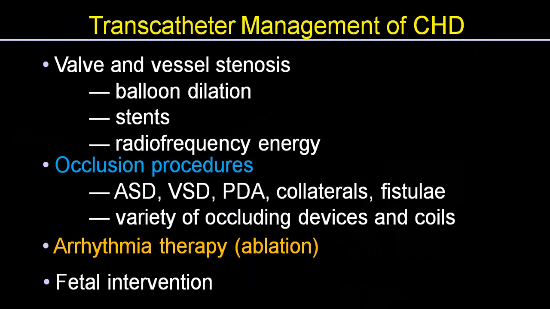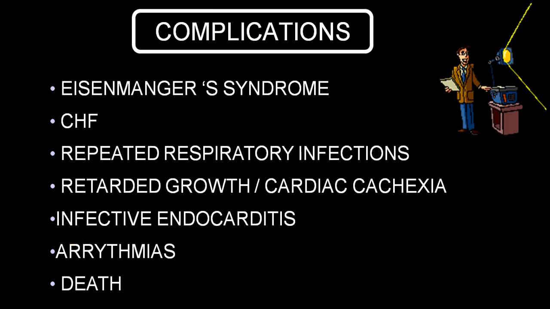So balloon dilatation, stents, radio frequency ablations, then occlusive procedures with different types of devices. Arrhythmias you can treat by radio frequency ablations, and intervention during a fetal stage by amniotic fluid examination.